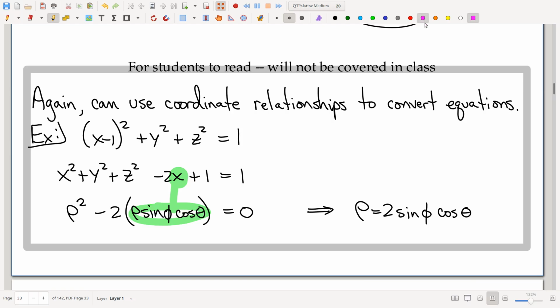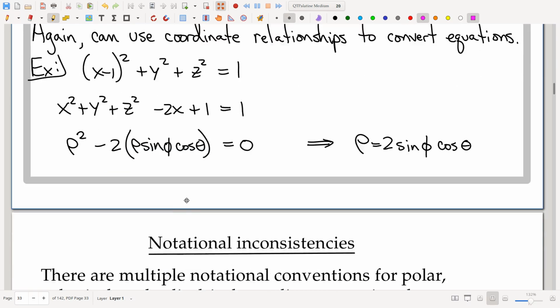Sometimes it's convenient to use this one, if you see an opportunity where x squared plus y squared plus z squared is part of your equation. Take advantage of that. Don't plug in for x, y, and z specifically if you don't have to. This just saved us a bunch of trig. We would have gotten the same answer if we hadn't noticed, but take convenient opportunities. Okay, the rest of the details, make sure to read.